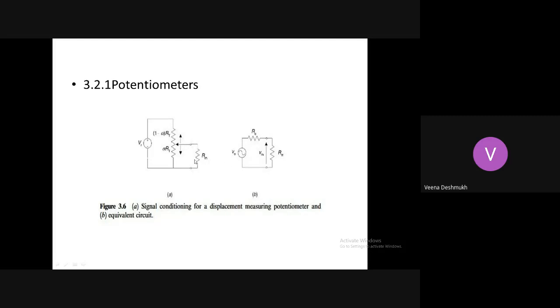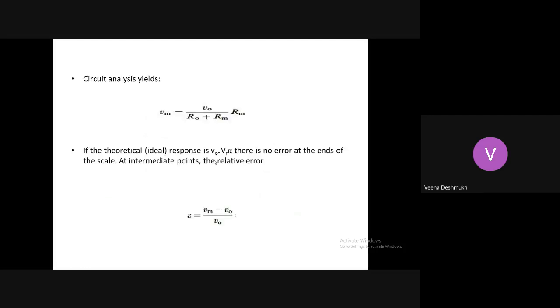Now whatever you measure here across RM is the measured value, but the actual value will be the voltage measured across the parallel combination. So the error naturally is going to be introduced here. The error introduced will be the measured value minus VO. VO is nothing but the actual voltage which is across the parallel combination of the two parallel resistors.